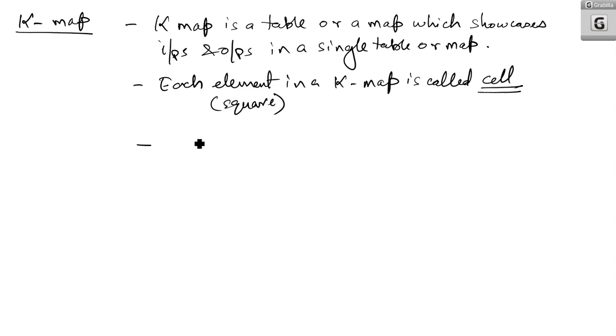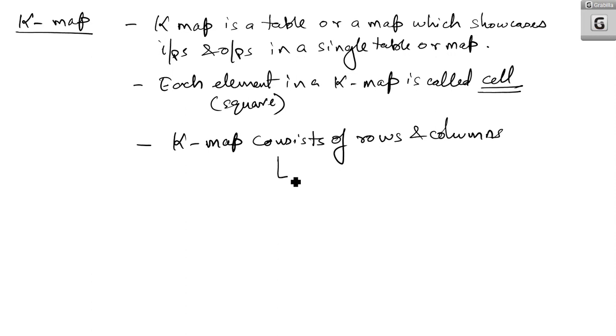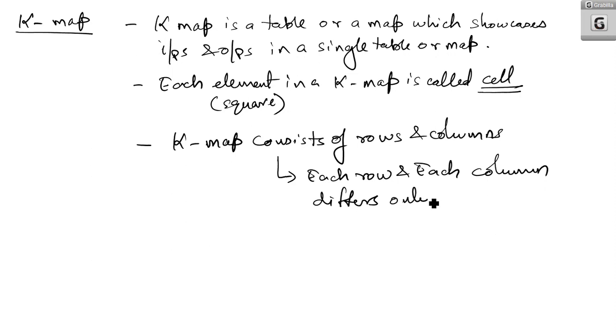Again, K-map consists of rows and columns. Now, each row and each column differs only by 1 bit.